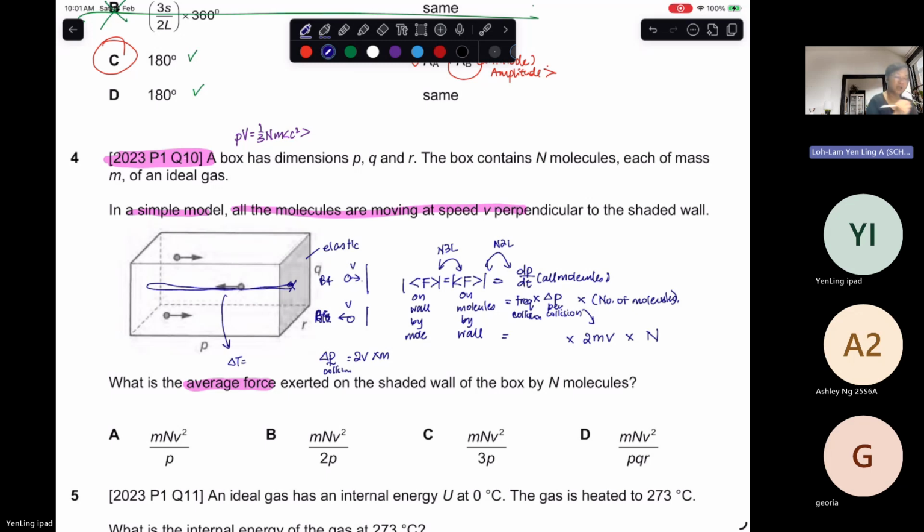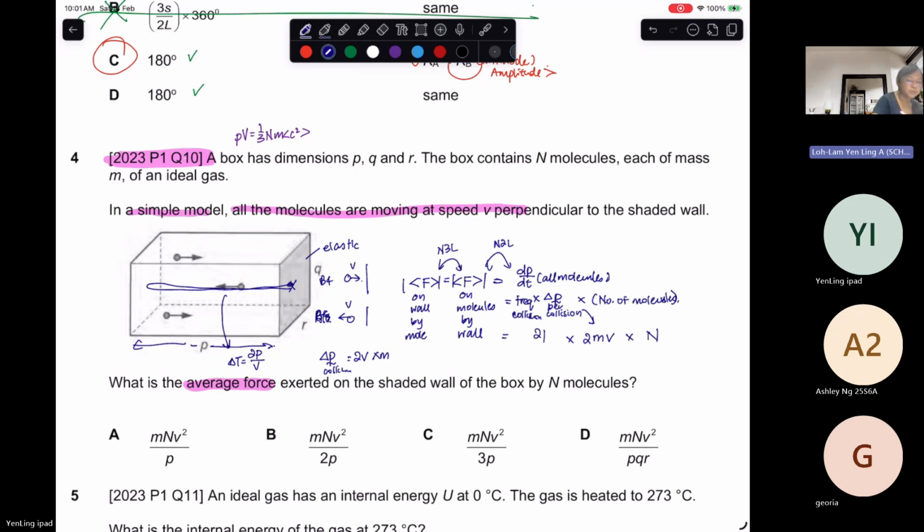The time between collisions is therefore the distance traveled divided by the speed. The distance traveled has to do with the horizontal distance, so the distance traveled is 2p, a different p here. This one is momentum, and this one has to do with the length p. Then divided by the speed, which is v.